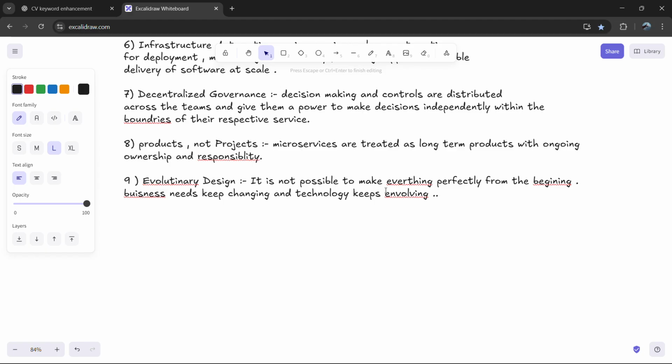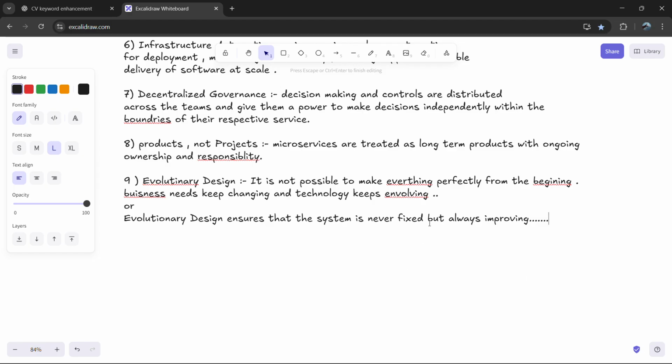In short, if you want to say what is evolutionary design, you can say that evolutionary design ensures that the system is never fixed but always improving.